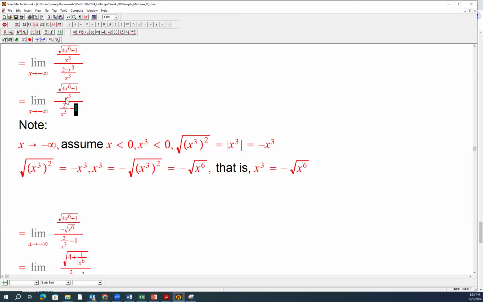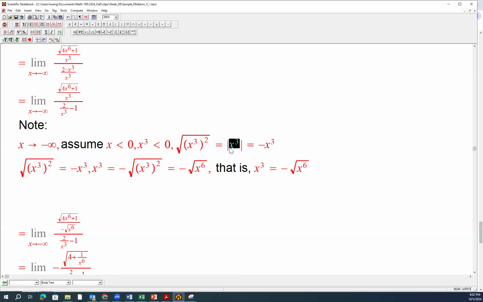The question is, if we want to bring x raised to the power 3 inside the square root, we will turn x raised to the power 3 into x to the power 6. At this moment, we need to take into consideration these facts. When x is approaching negative infinity, x is negative, so we can assume x is negative. If x is negative, its third power is also negative. When we square x raised to the power 3 and then take the square root, we get the absolute value of x raised to the power 3.